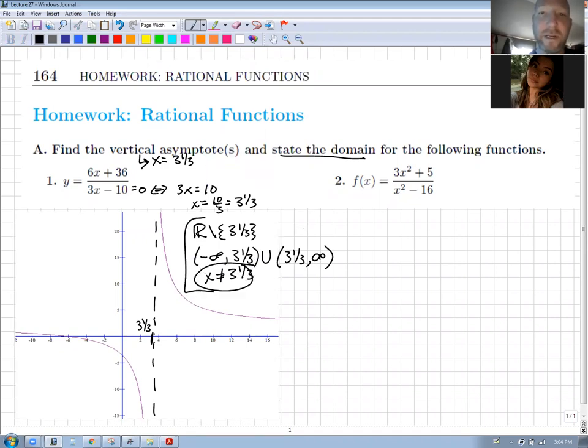So these are 3 ways of stating the domain. And this is how you would state where the vertical asymptote is.